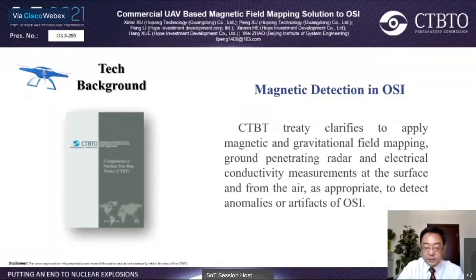In the treaty language, CTBT treaty clarifies to apply magnetic and gravitational field mapping, ground penetration, radar, and electrical conductivity measurements at the surface and from the air as appropriate to detect anomalies or artifacts of the CTBT.